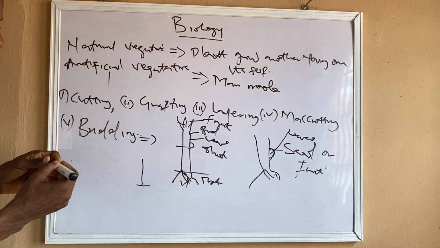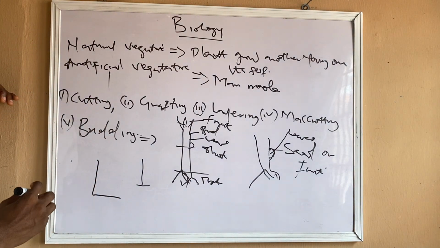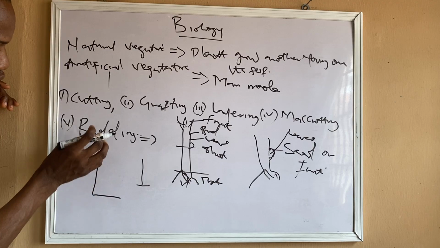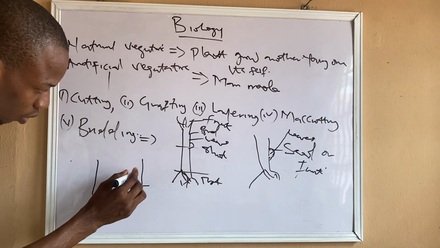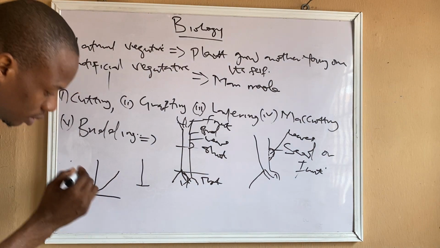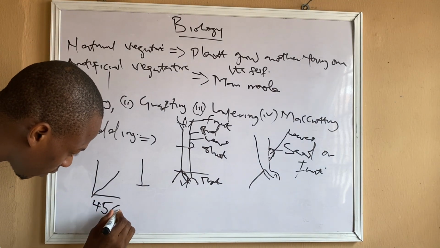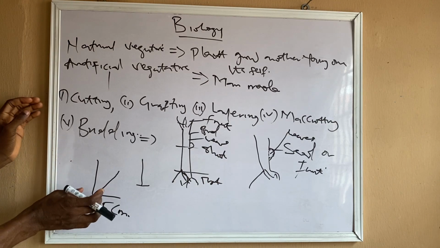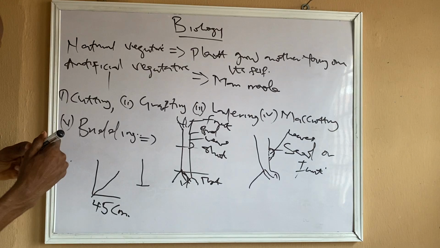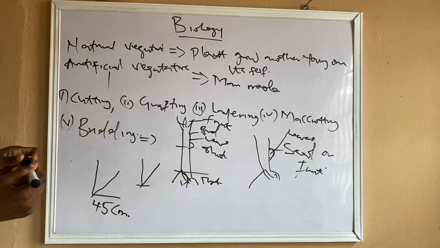How? Once we want to use the budding process, we cut the plant at an angle of 45 degrees, and that's why we have something like an inverted T, like this.